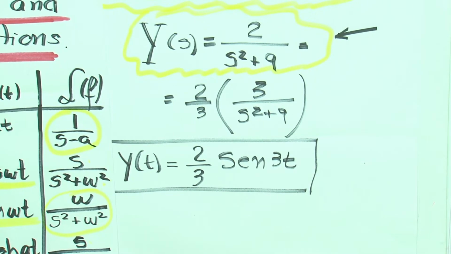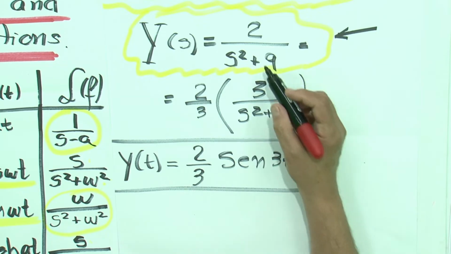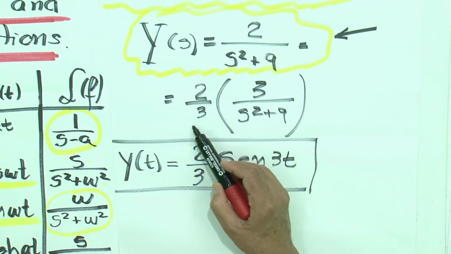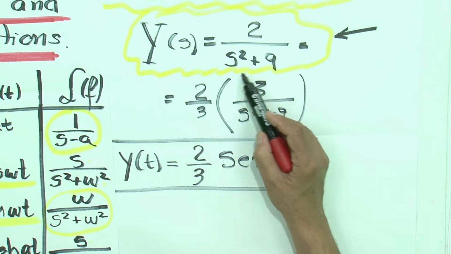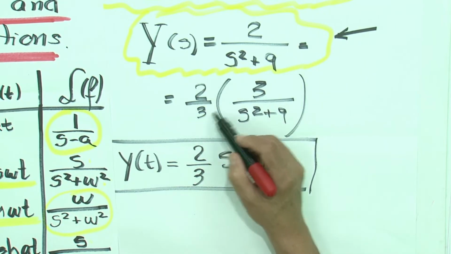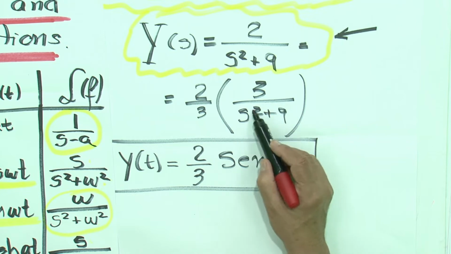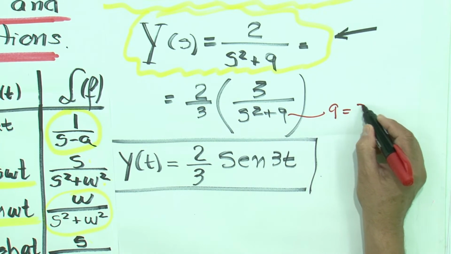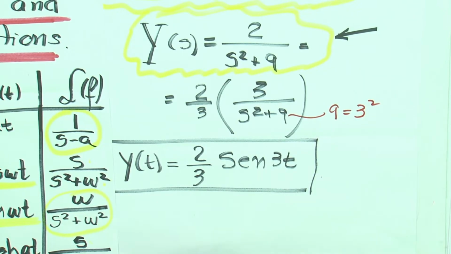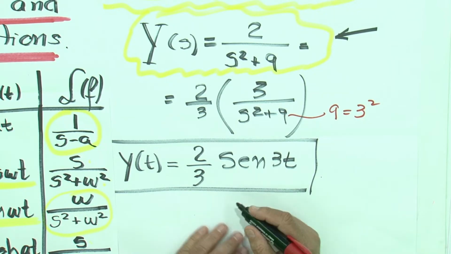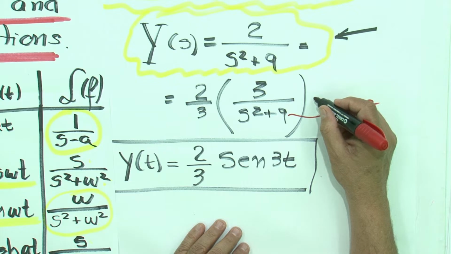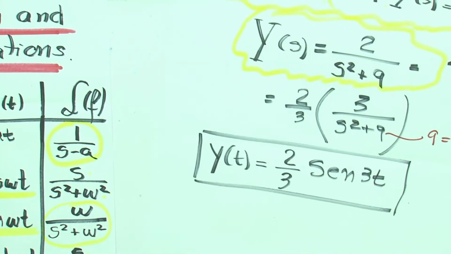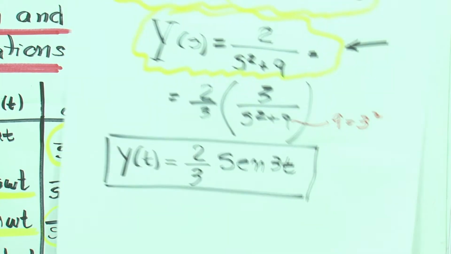But to be clearer, I'm going to do the following. I'm going to write this as 2 divided by 3 times 3 divided by s squared plus 9. And we all know that 9 is equal to 3 squared, right? Oh, I wrote in the place that I shouldn't, but now I have to fix it.